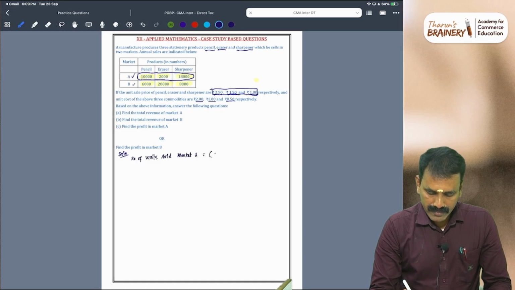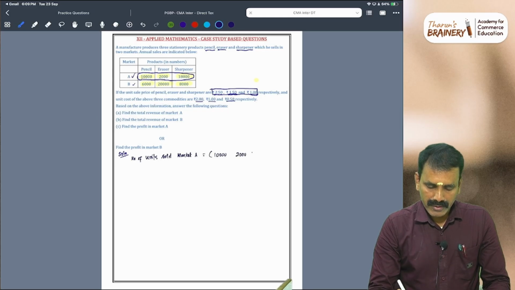It is going to be 10,000 units for pencil, 2,000 units for eraser, and 18,000 units for sharpener.